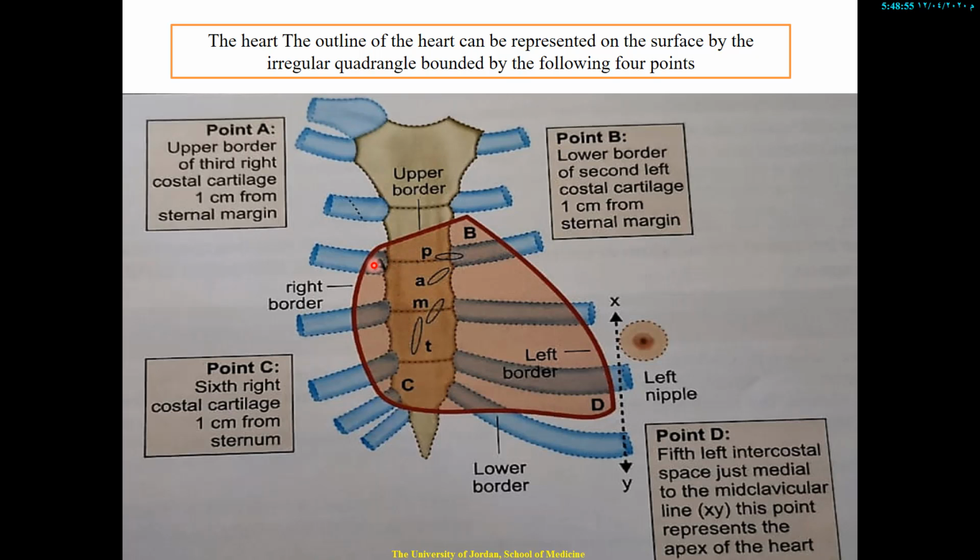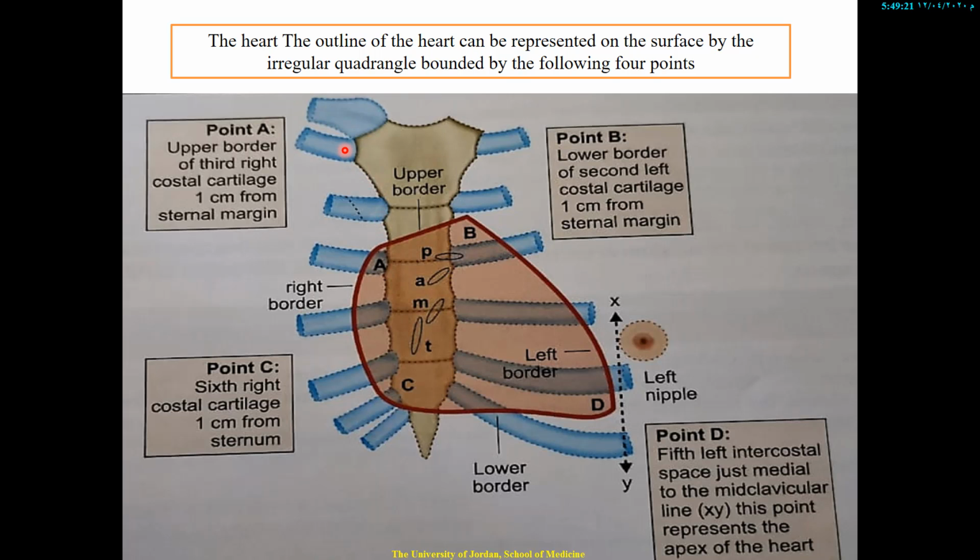This is the first, second, third, and here we are talking about the lower border of the second on the left side, the upper border of the third on the right side. Then we go here and count, of course.